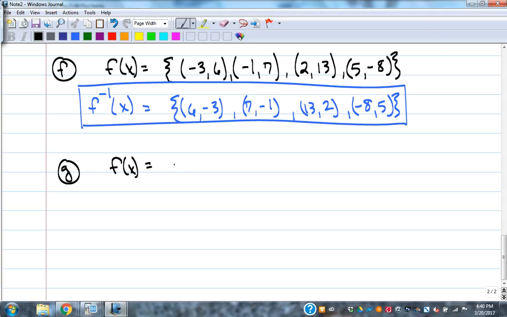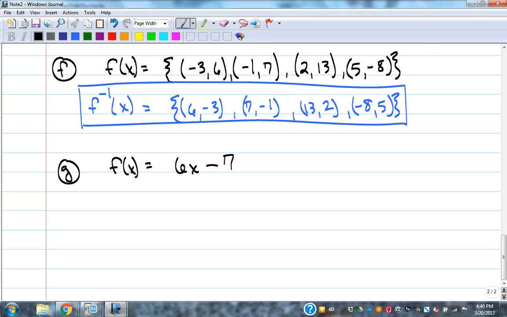Here's a function, 6x minus 7. I'll go ahead and tell you it's one-to-one. I'm giving you that information right now. You could check it by doing what? Graphing it, checking the horizontal line test. What we want to do is find the inverse of that.